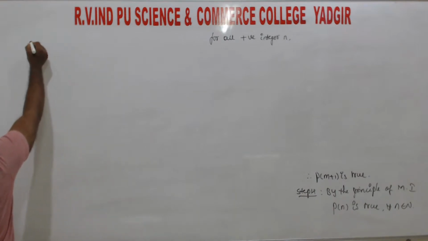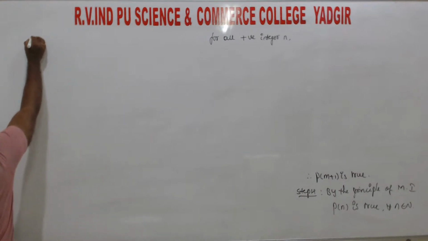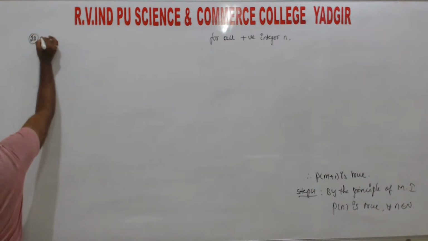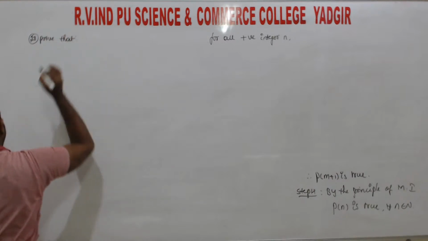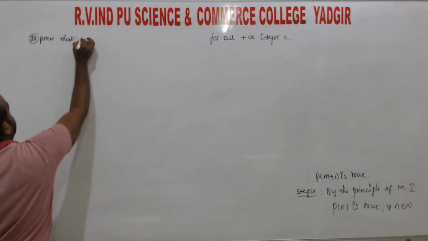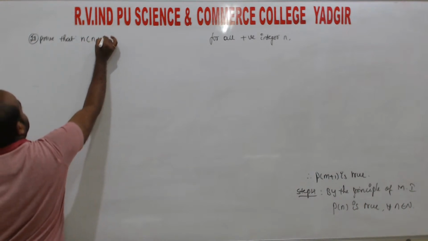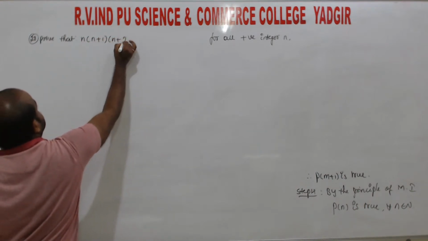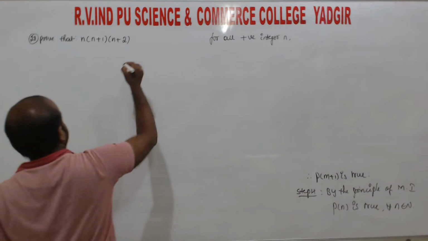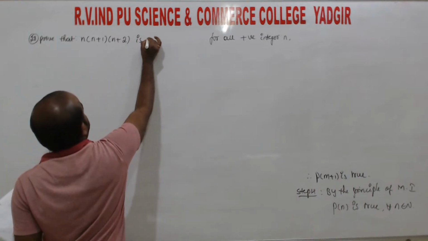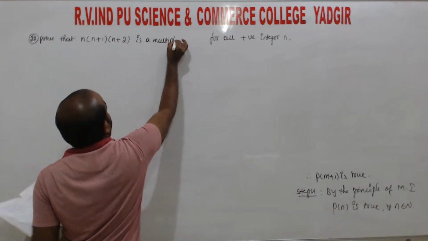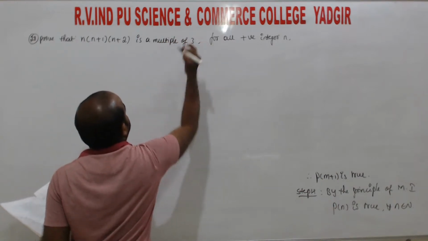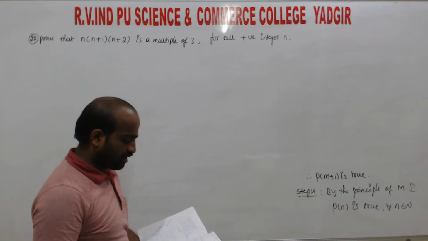Question 29. Prove that n into n plus 1 into n plus 2 is a multiple of 3.